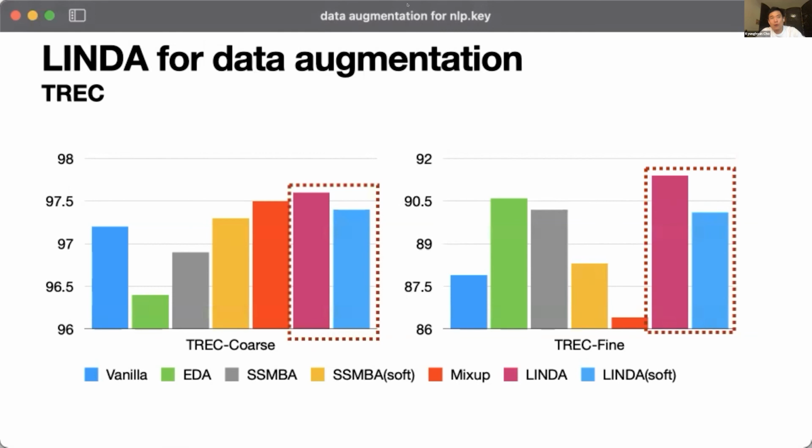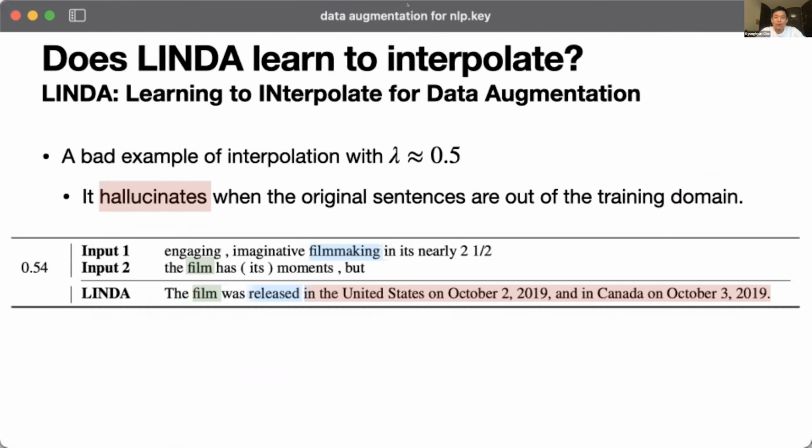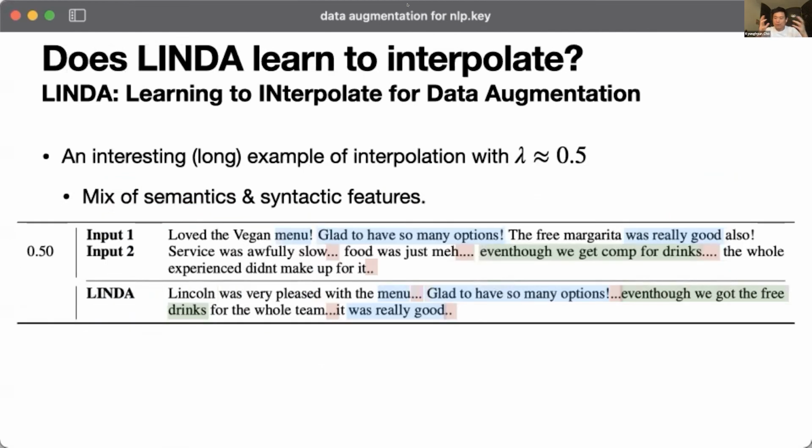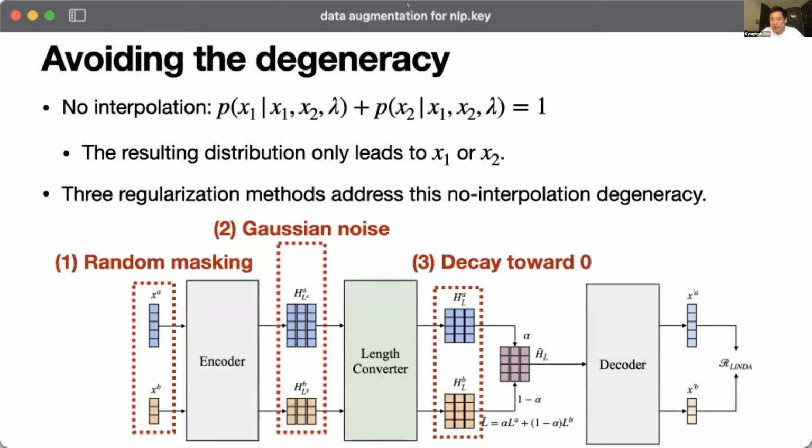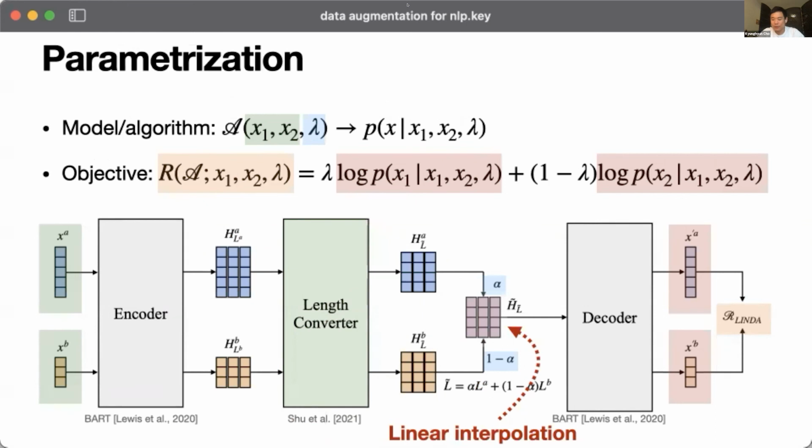Our assumption is that if the examples are not mixed well enough between these two examples, then it wouldn't help at all in terms of classification. And of course, indeed, the improvement is not too big, but we were able to see that it always helps. It never hurts. And I think that is one good indication that it is doing a meaningful interpolation. However, I have to say, we thought it was going to work better in terms of more dramatic interpolation, but it didn't, which means that we probably can come up with a better parametrization as well as a better regularization, in addition to the loss function that we have defined here, in the future.